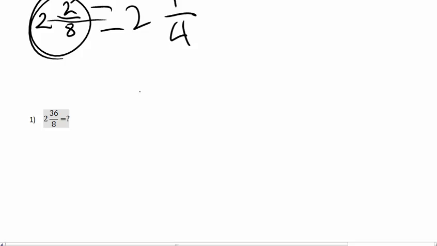And so you're going to put a 4 right here and add it to the 2, and that gives you 6. So you're going to have 6, and then 32.